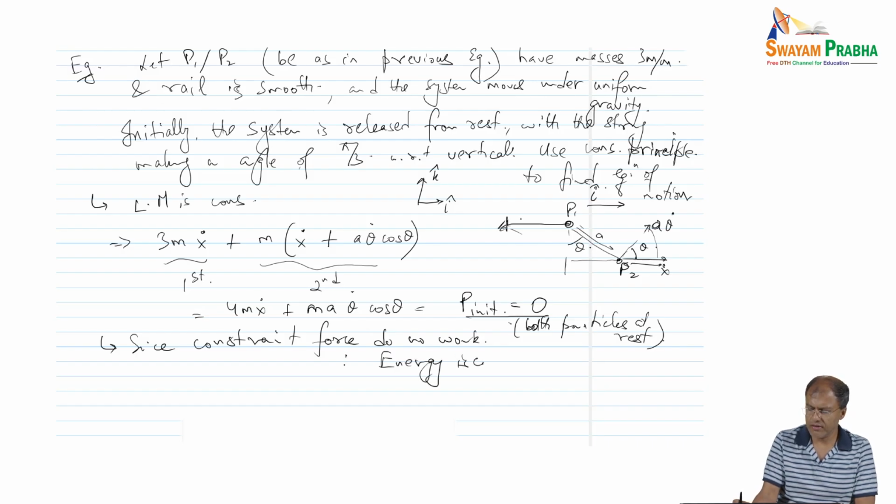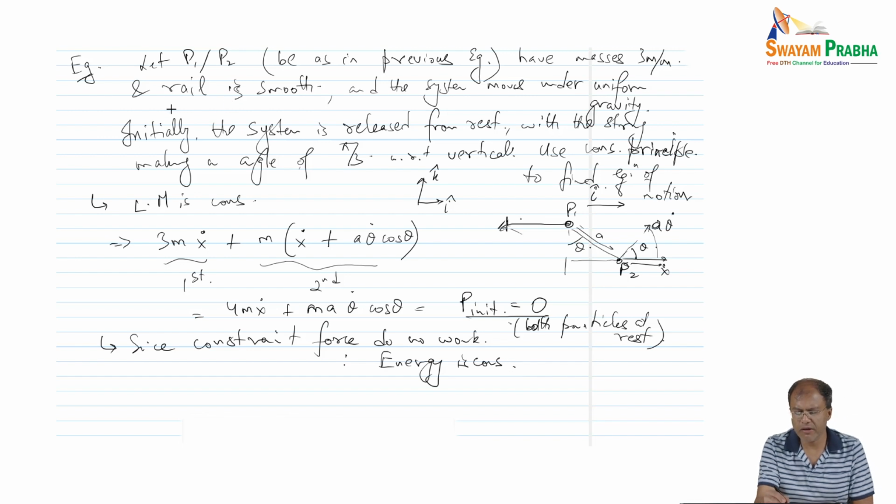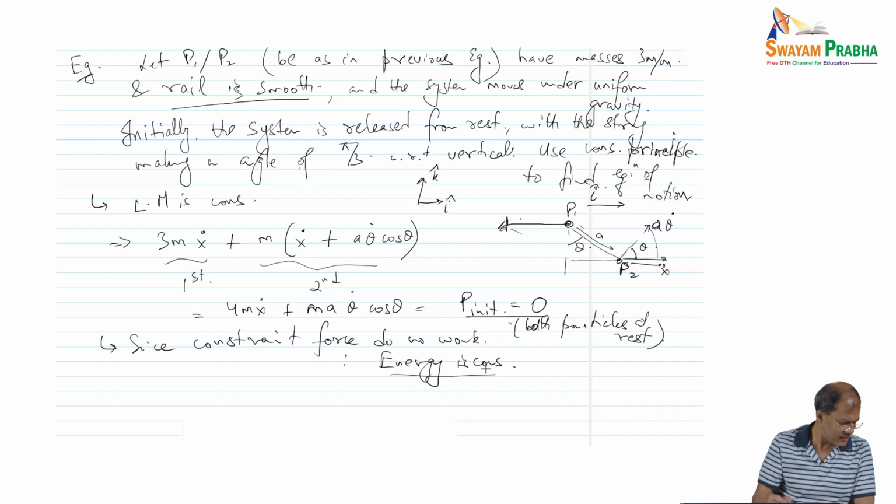Energy is conserved. Why? Because we have been careful by explicitly mentioning the rail is smooth. Smooth means that there is no friction, there is no dissipation of energy from the floor, and we can apply the energy conservation.